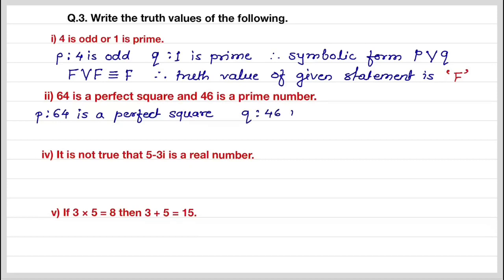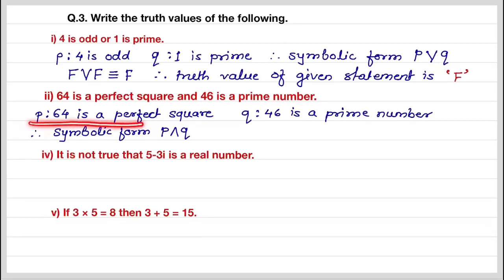And Q 46 is a prime number. Symbolic form, P and Q.